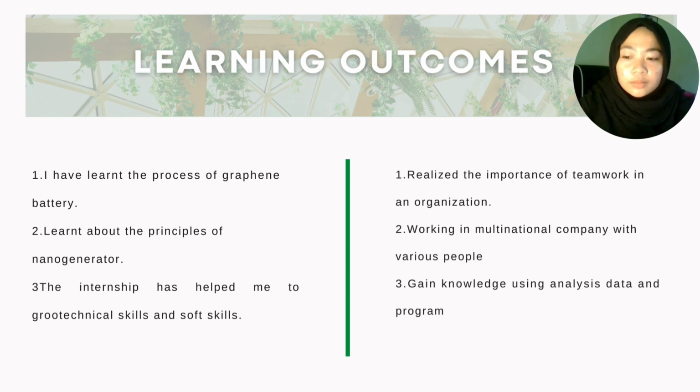In this company, I also realized the importance of teamwork in organizations. I also learned how to work in a multinational company with various people, and very importantly, I gained a lot of knowledge in using analysis, data, and programs.